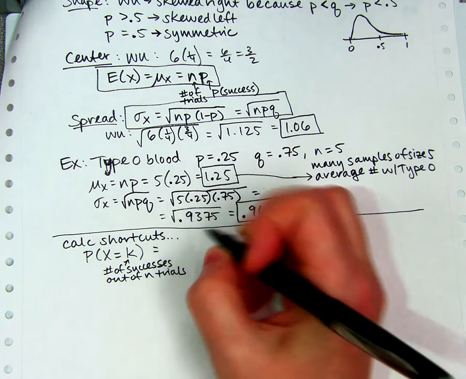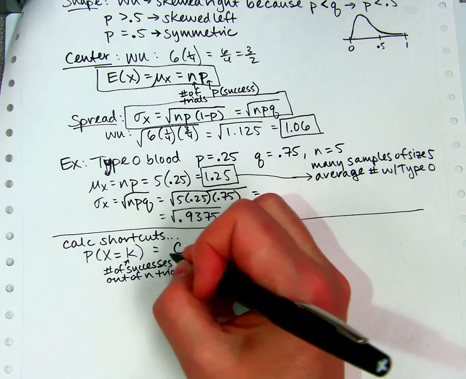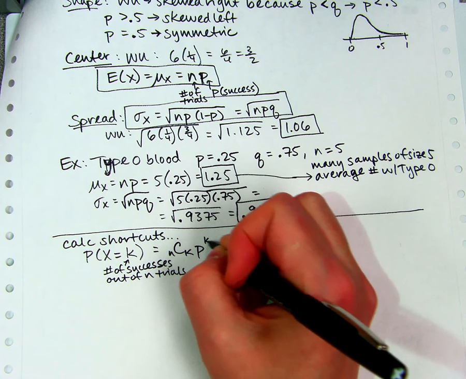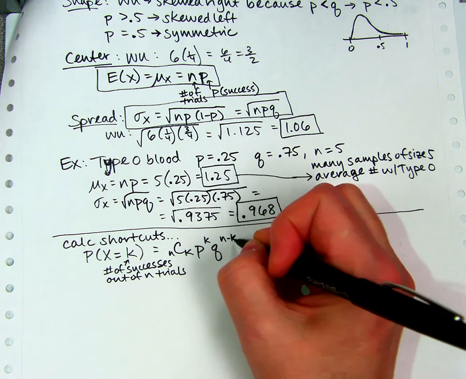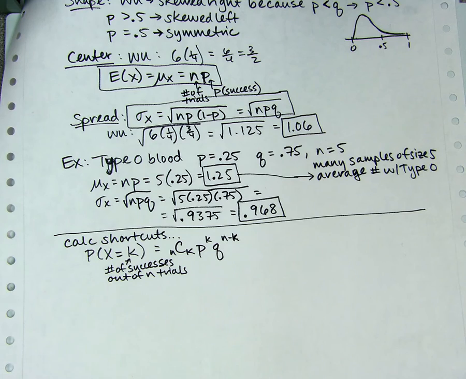You already know this formula from the last lesson, and it looks like this: p to the k and q to the n minus k. And we did some practicing of that in the warm-up, and hopefully you're getting better and better at that formula.